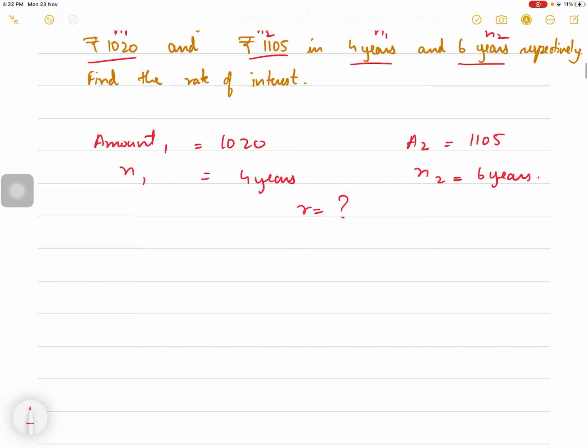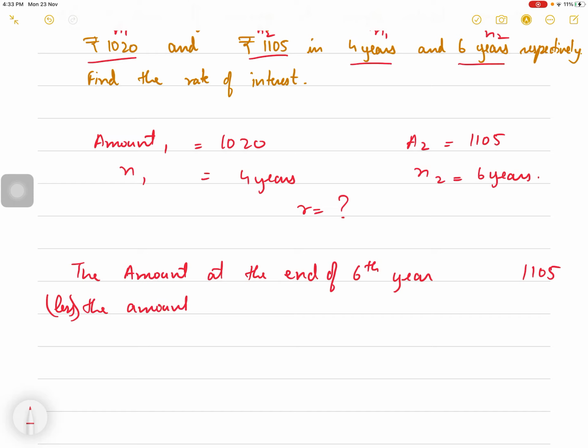Okay. So how to solve this? The amount at the end of 6th year, 1105, less the amount at the end of 4th year, 1020.